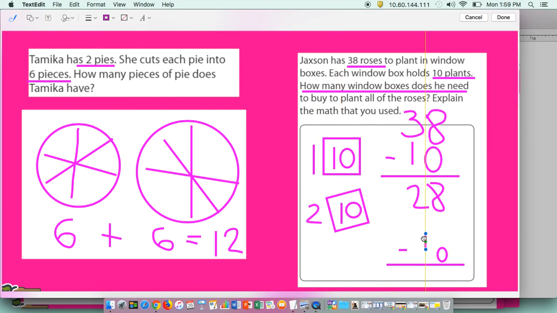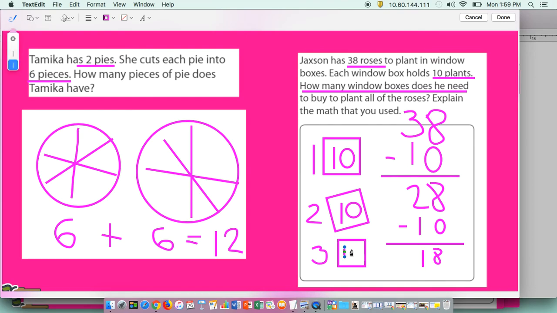All right, so you should have 18 left. I could still fit another box, so let's fit another box. Third box of 10. We're going to subtract 10. That is going to be 8.